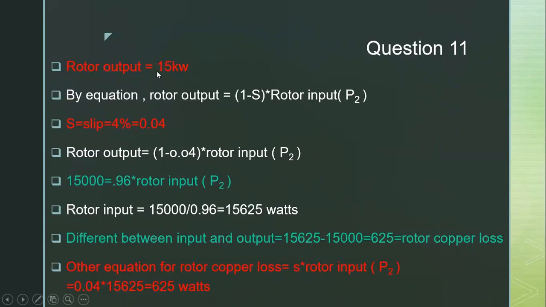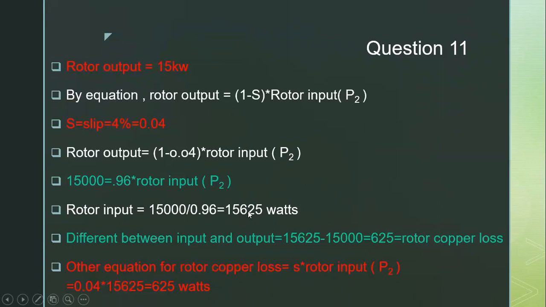The rotor output given in the question is 15 kilowatt, that is 15,000 watts, equal to 0.96 into P2. So 1 minus 0.04 is 0.96. So we can find the rotor input: 15,000 divided by 0.96 gives the rotor input, that will be 15,625 watts.